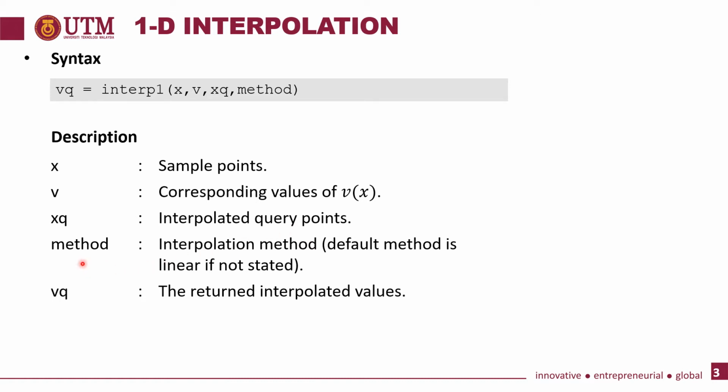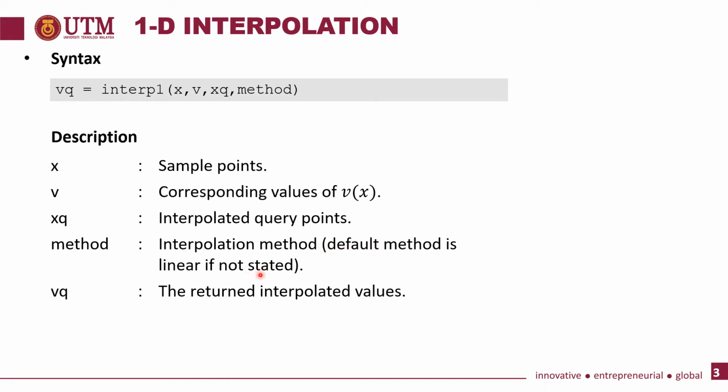Next are the methods. In interpolation, there are several methods available for you to interpolate the data. I think there is a total of 4 methods, and later on we will see some of the available methods. The default method is linear if it is not stated.